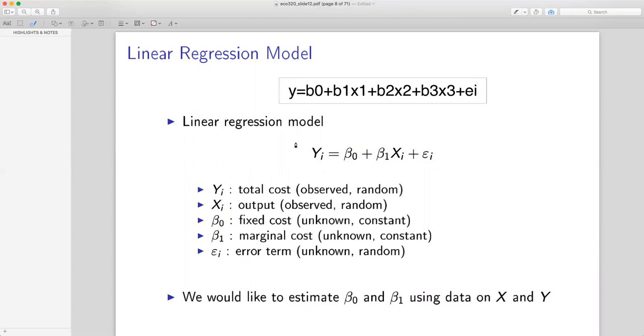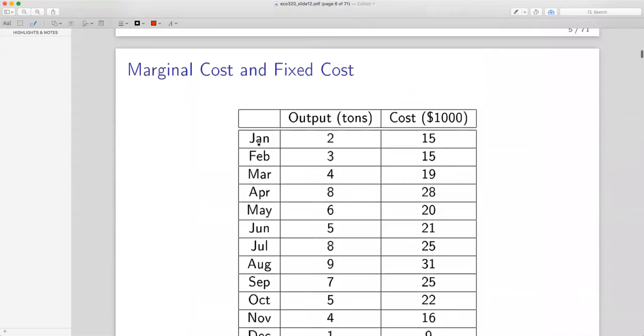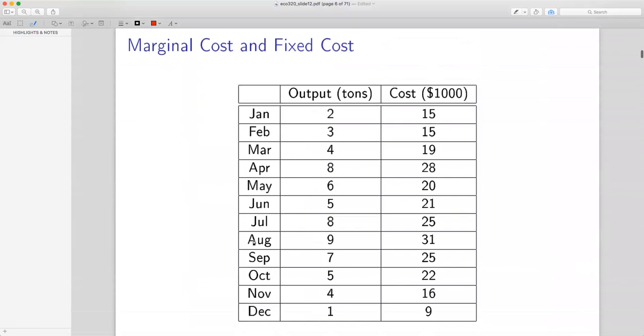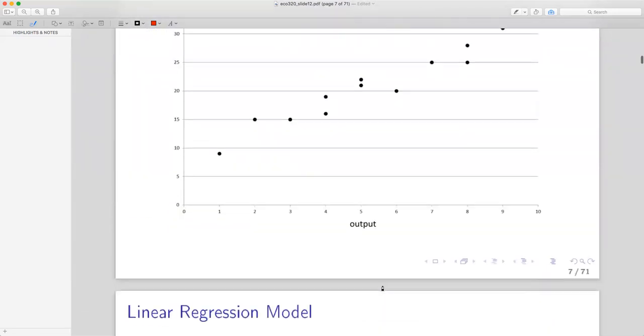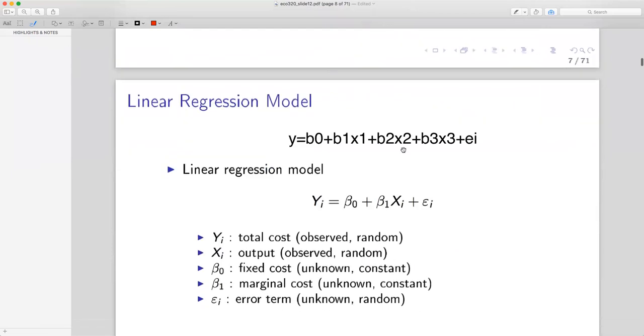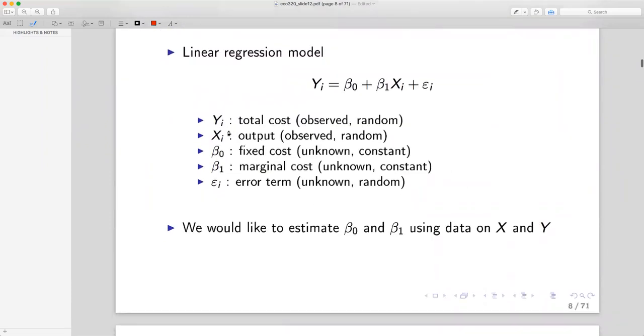Why do we put the i? That i indicates your observation. For example, i equals January, June, July, December. The subscript indicates which month it is coming from, or it can indicate observation 1, observation 2, observation 3, and so on.